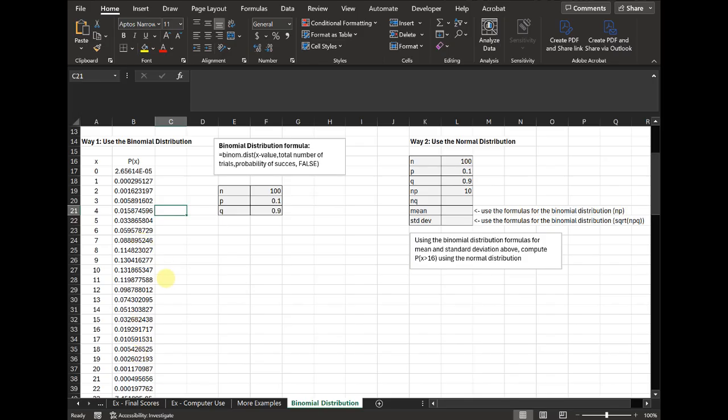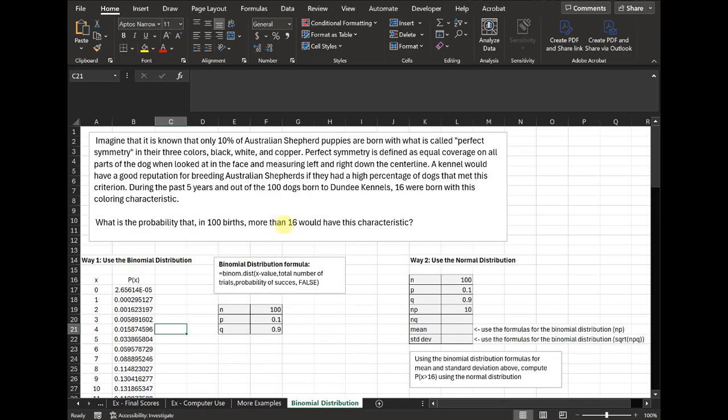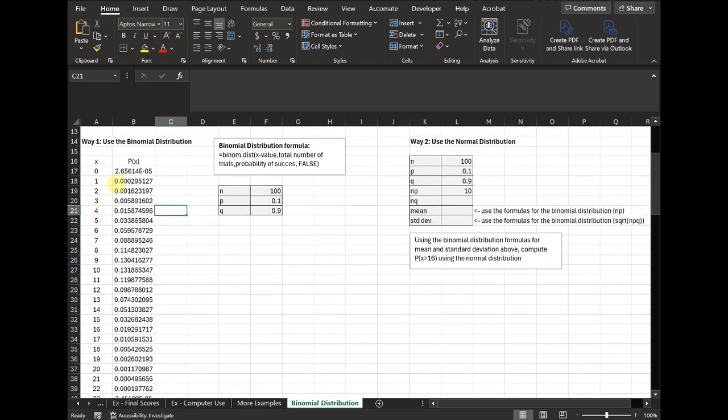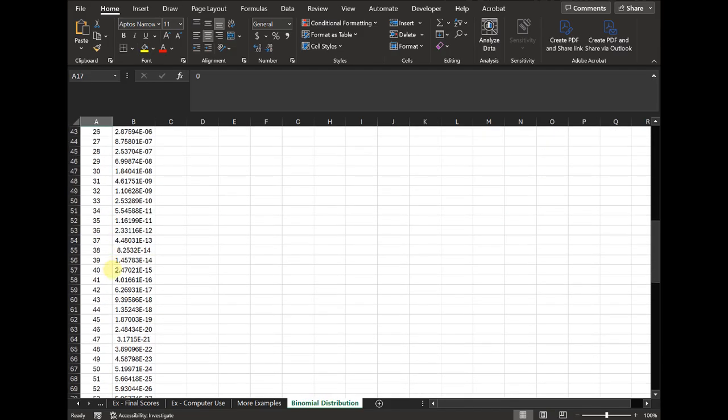So to really answer this question of 16 or more that have this characteristic, you have to calculate all of the probabilities from 0 all the way down. So I'm going to keep scrolling down to 100. That is really the way to answer this question when we're talking about the binomial distribution.